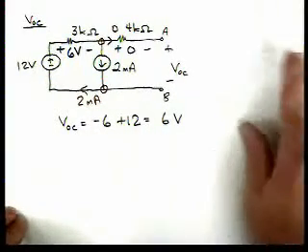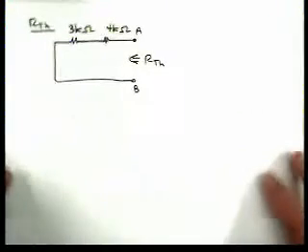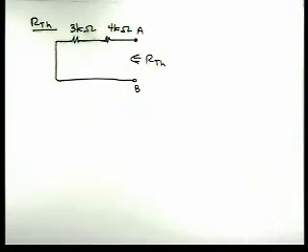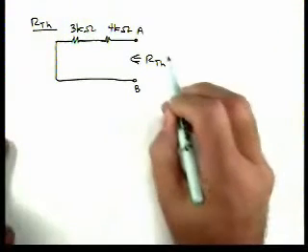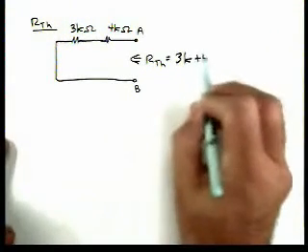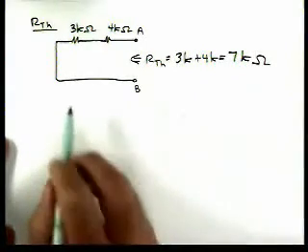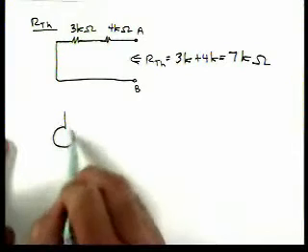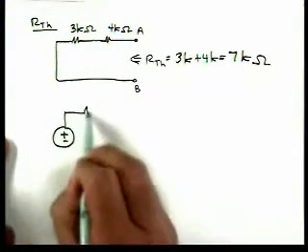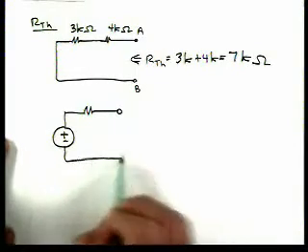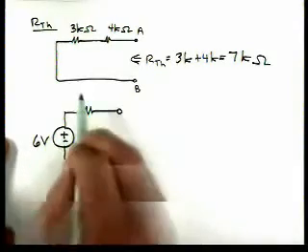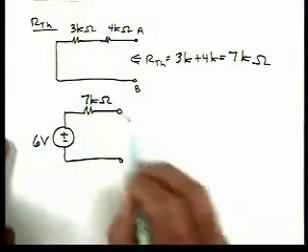So my resulting circuit then is this. Looking at the circuit here, our Thevenin resistance is 3K plus 4K, which is 7 kilo ohms. So our Thevenin equivalent circuit then is a 6 volt source with a 7 kilo ohm resistance.